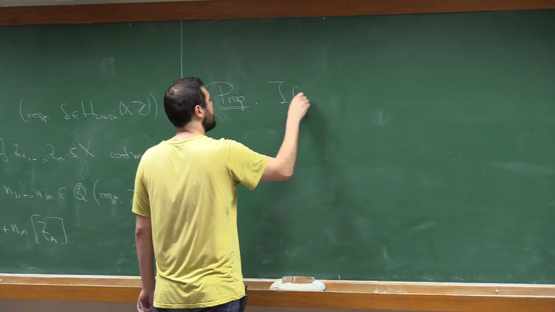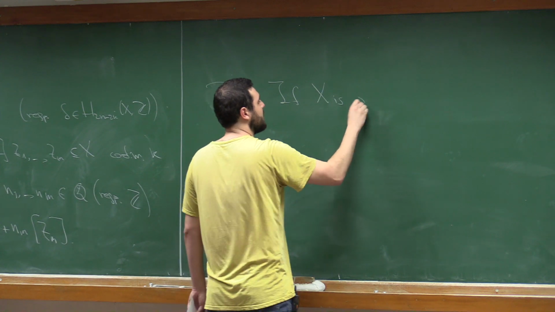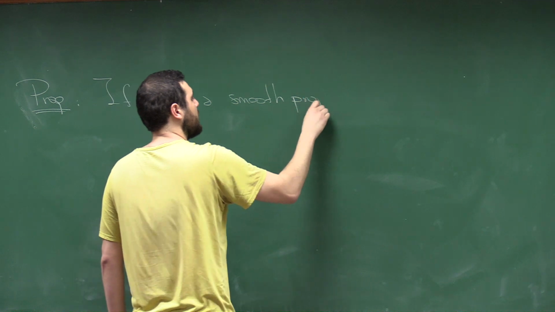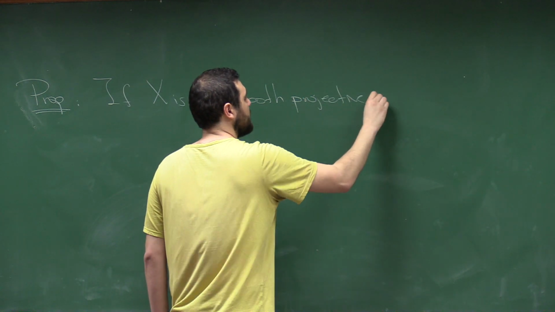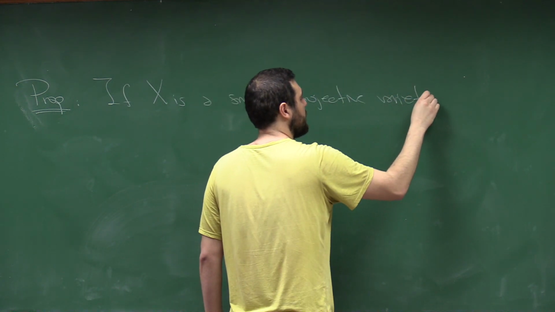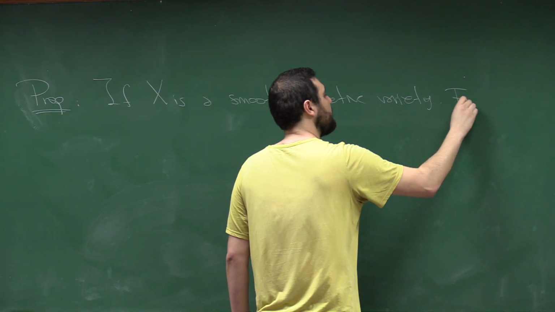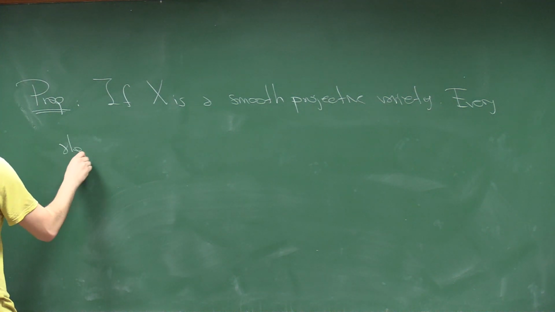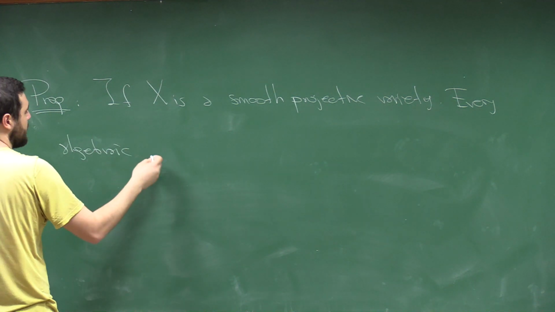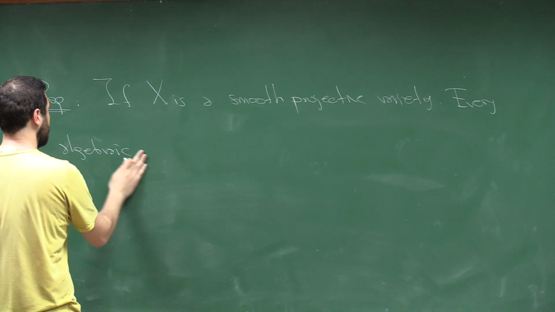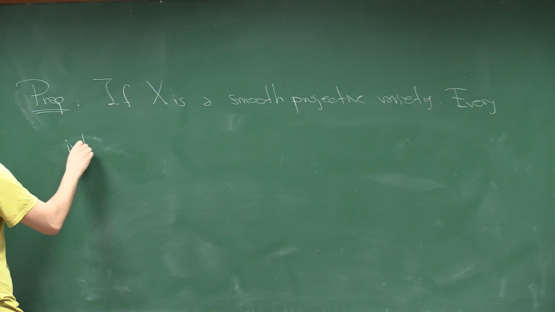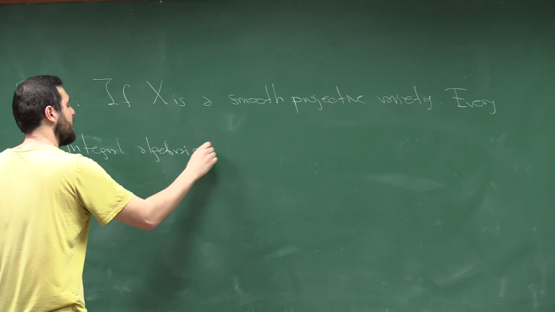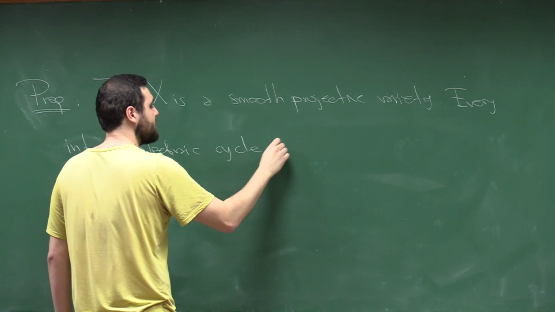If X is a smooth projective variety, every algebraic cycle, every integral algebraic cycle, is a Hodge cycle.